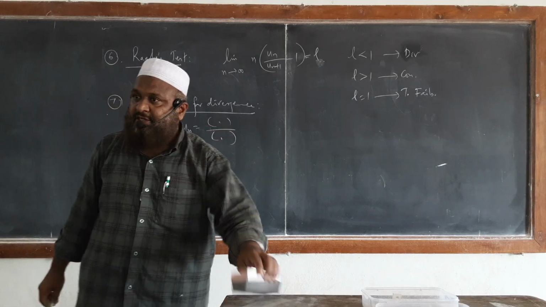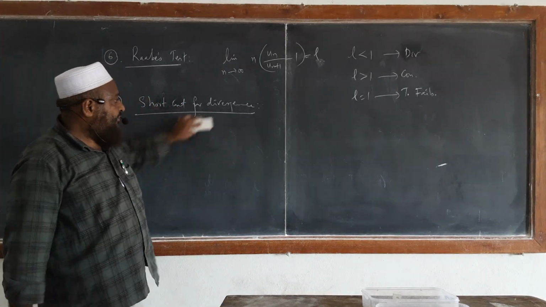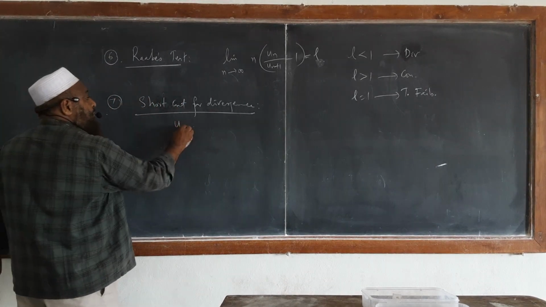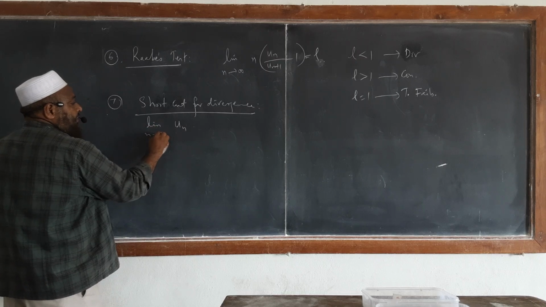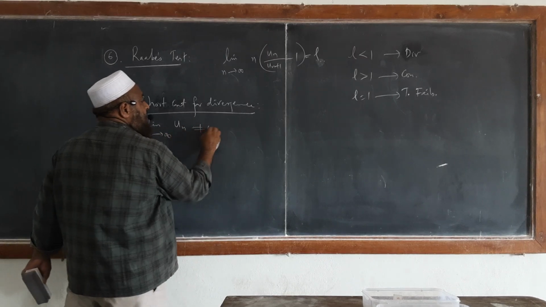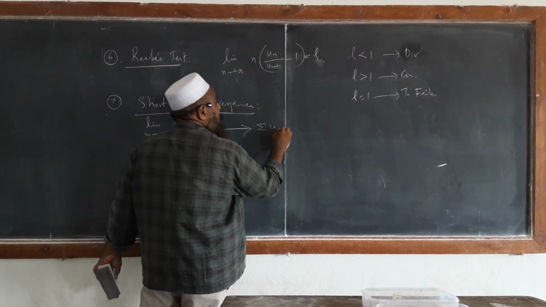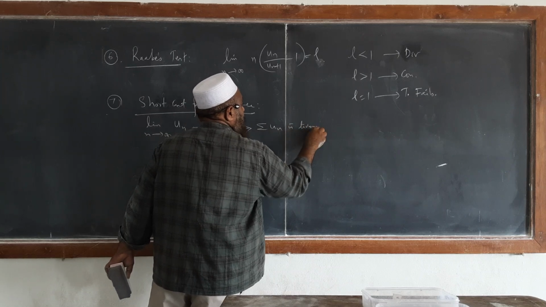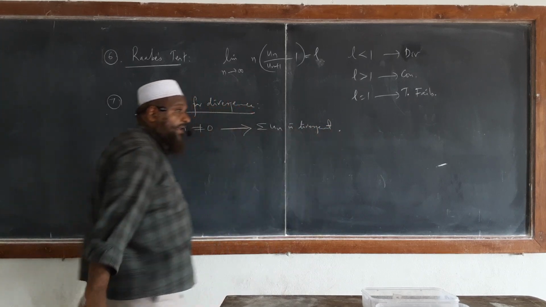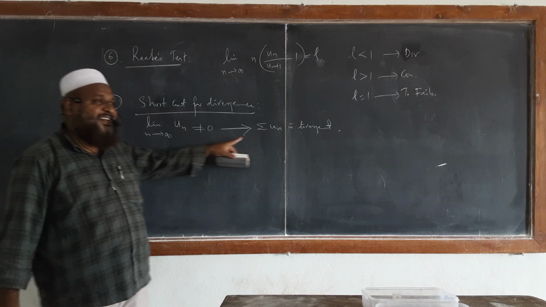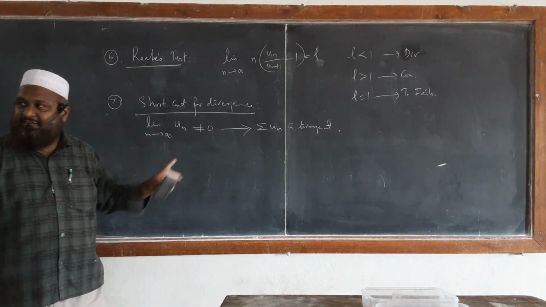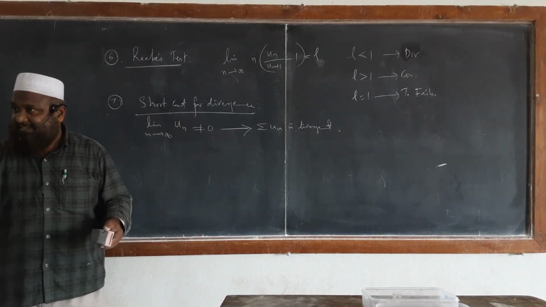Then use the shortcut. Come on, tell me what is used here? Limit un not equal to 0, then sigma un is divergent. Limit un not equal to 0. If limit un is 0, we can't decide anything.